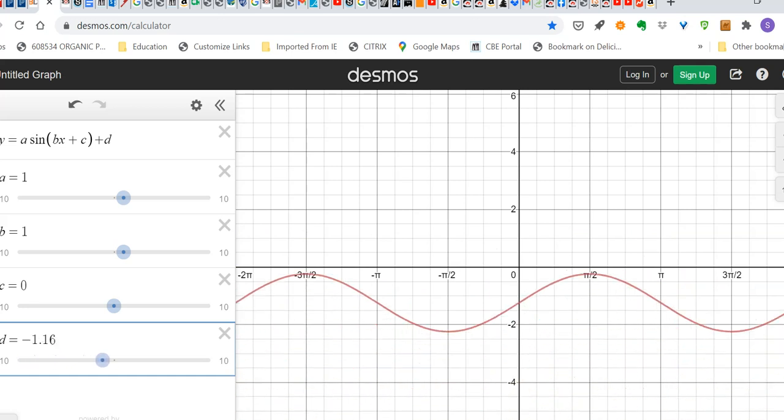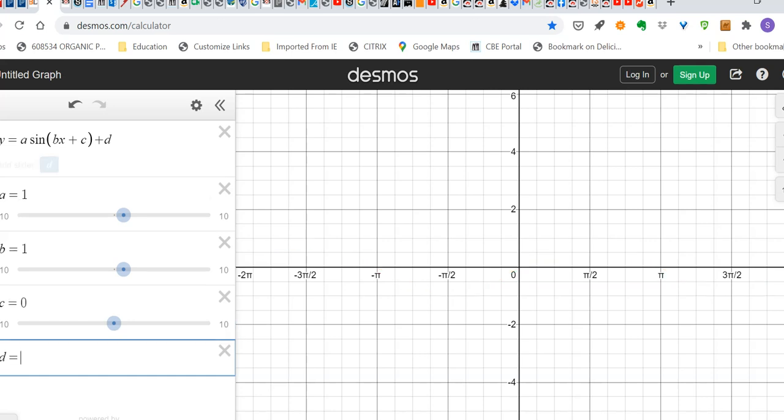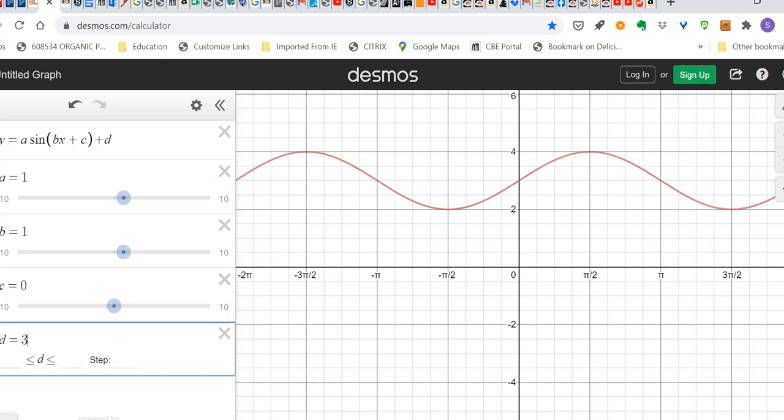Moving it up and down. Okay, let's pause. Well, I don't know. Let's set D to like 3 and see what happens. Okay, so I set D equal to 3, so there's 3. So what's happening? Is that the y-intercept? Yeah, looks like it. So D appears to be the y-intercept.